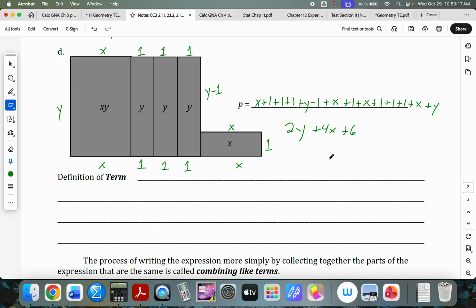Now, the definition of a term is this: a term is a single number or variable or the product of numbers and variables.